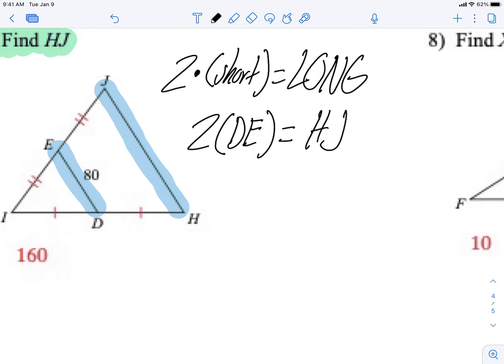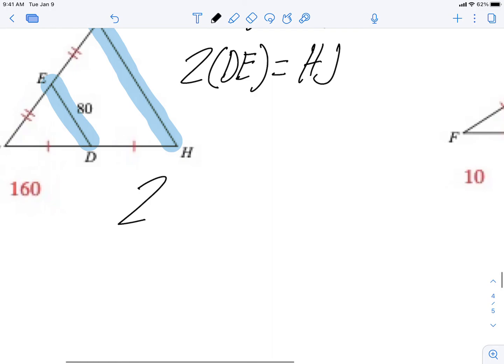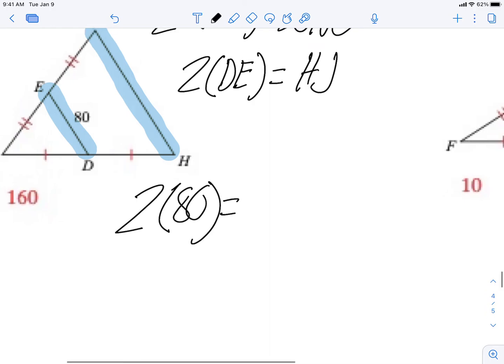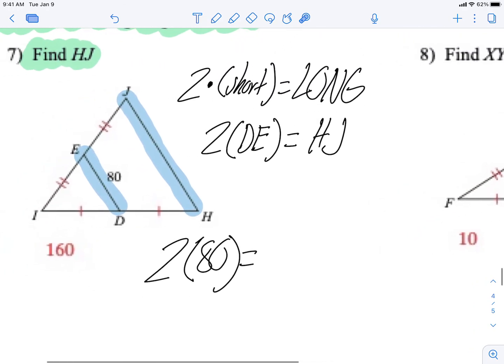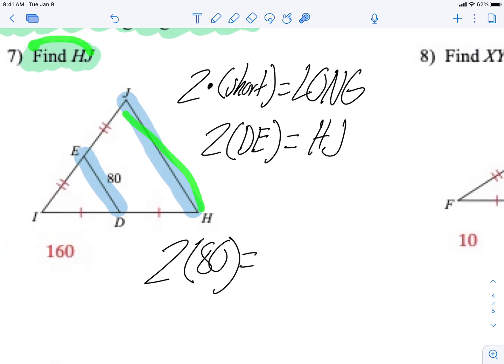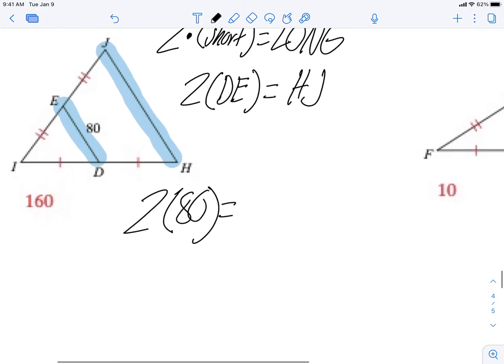Well, how much is DE? How much is from D to E? Well, that's 80. So I can write here 2 parentheses 80 is equal to HJ. Well, we don't know what HJ is. It says find HJ. So I'm going to leave this as HJ.